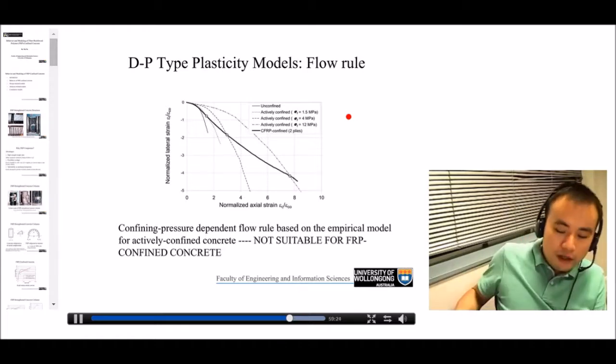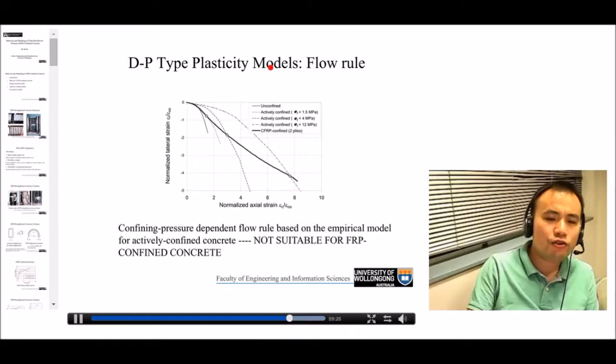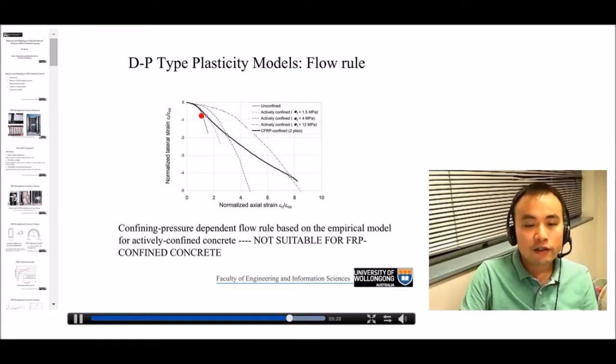The second thing is some existing studies choose to use a flow rule which is dependent on the confining pressure, and they base their model on the model of actively confined concrete.